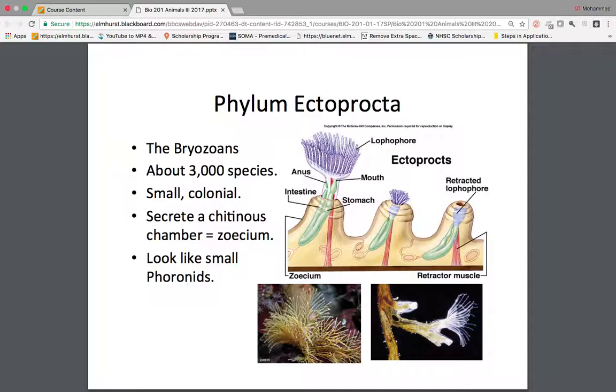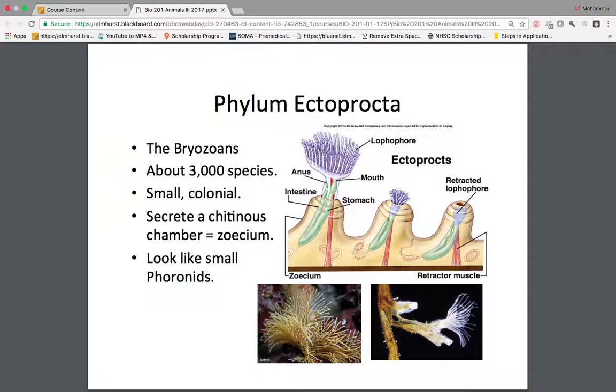What does this look like to you? Bunch of tentacles out feeding an individual. What's that? Looks a lot like hydrozoa or anthozoa. Looks a lot like colonial cnidarians. And in fact, their feeding style and their lifestyle is the same, but they're not polyps.